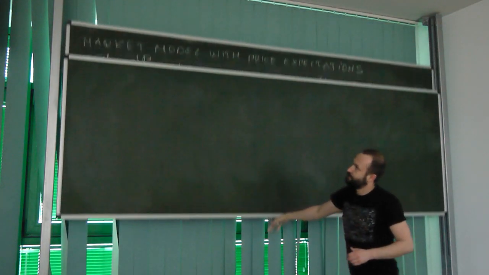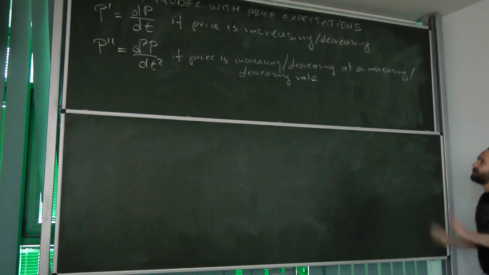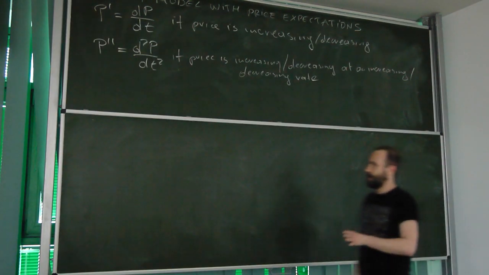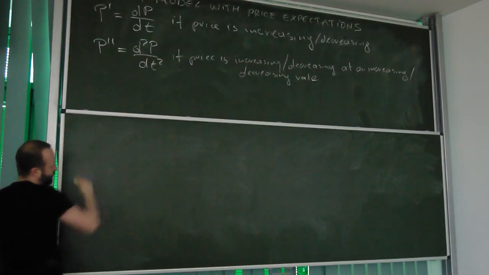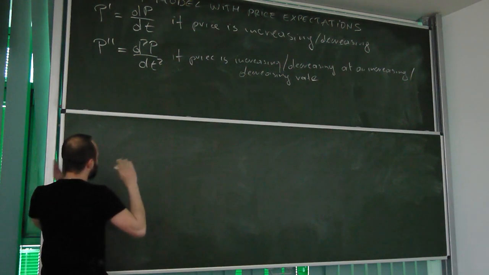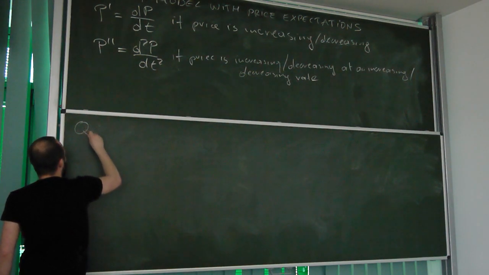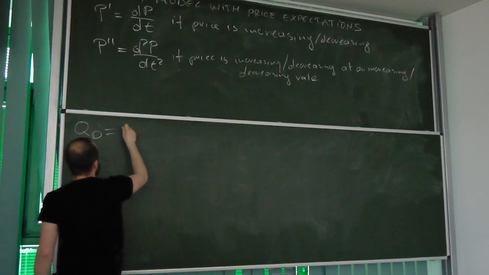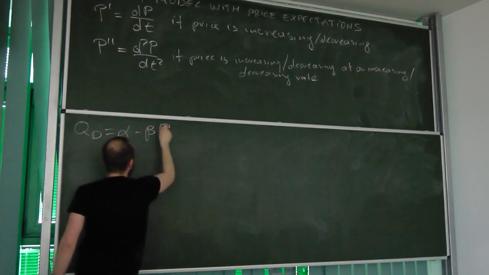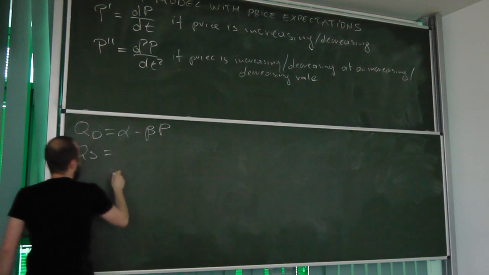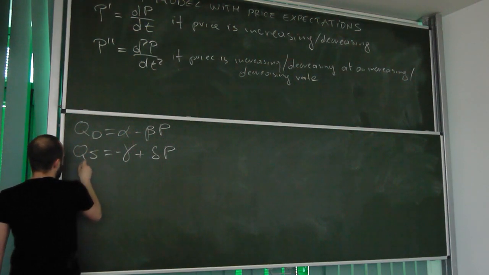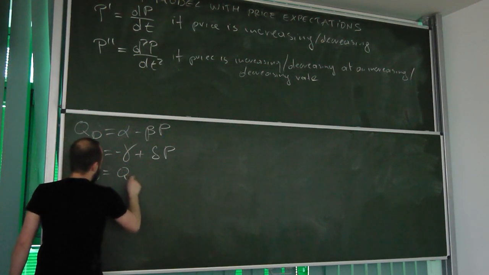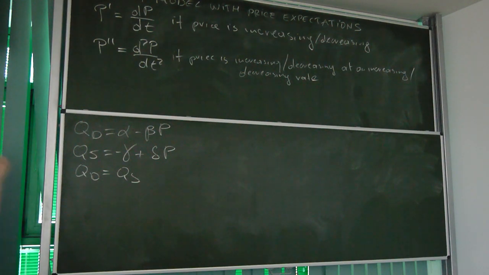Okay, so how are we going to introduce those two into a model? In a very simple linear way. So the model we've been considering thus far, with different extensions of course, but in the most basic form is given by quantity demanded equals alpha minus beta p, quantity supplied equals negative gamma plus delta p, and with equilibrium condition, quantity demanded equals quantity supplied.